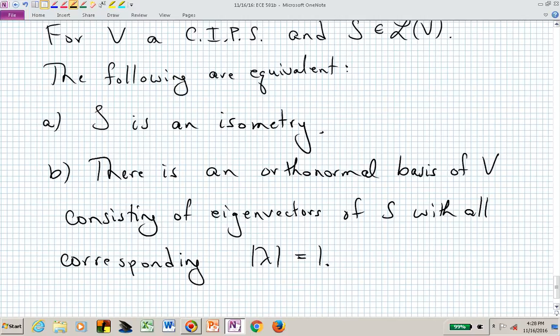If we have an isometry, then we have an orthonormal basis on our complex inner product space that consists of eigenvectors of this isometry, and all of the eigenvalues of that isometry have absolute value 1.